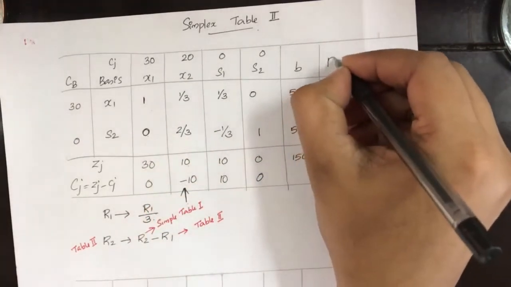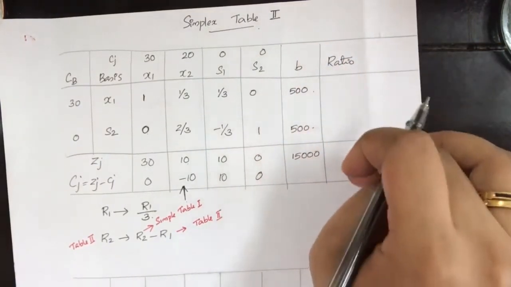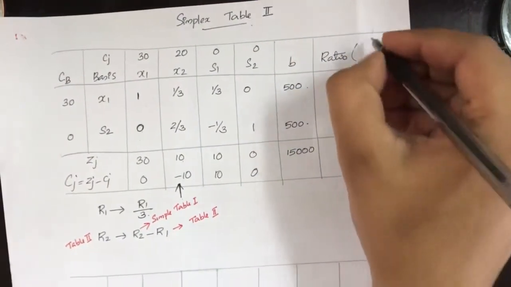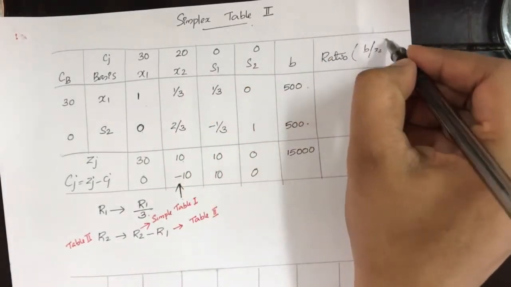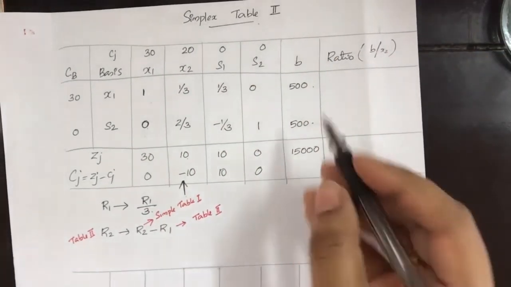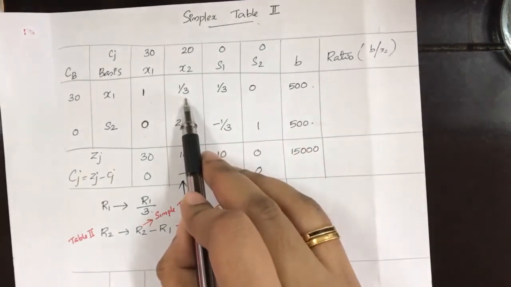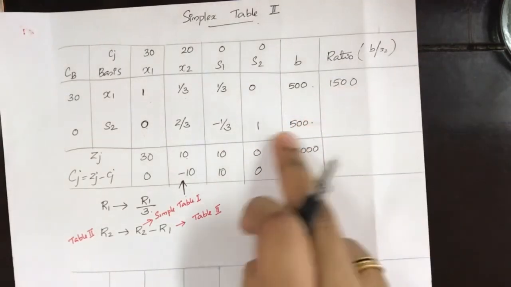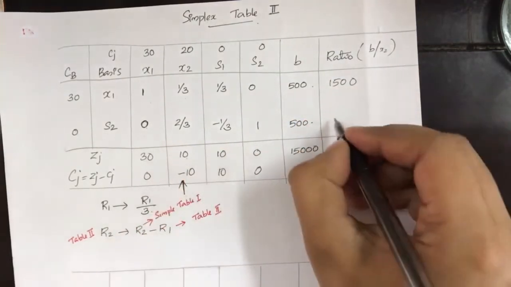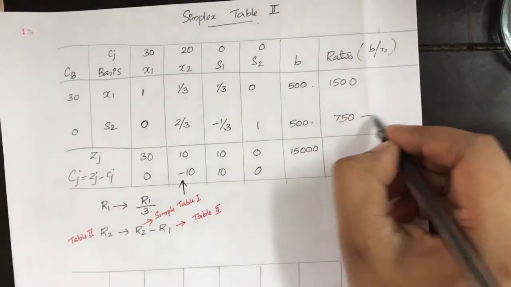I am going to find the outgoing variable by looking at the ratios. The ratio is b divided by the key column, x2. 500 divided by 1 by 3 is 1500. 500 divided by 2 by 3 is 750. Which is the lowest positive ratio? This one.